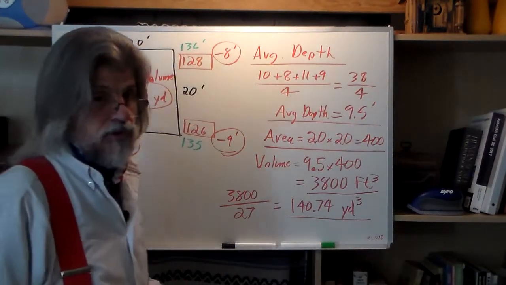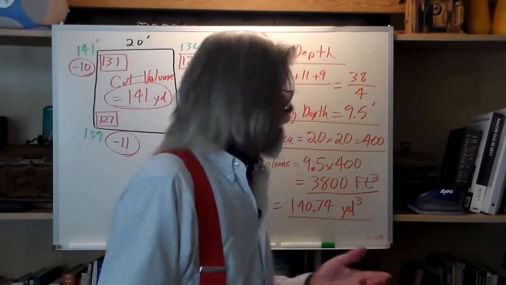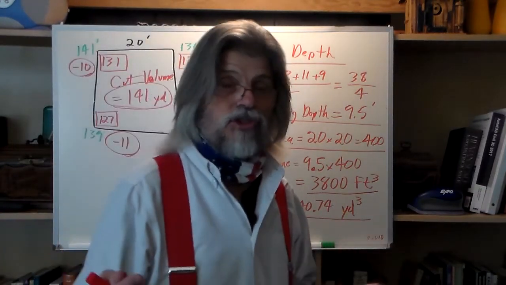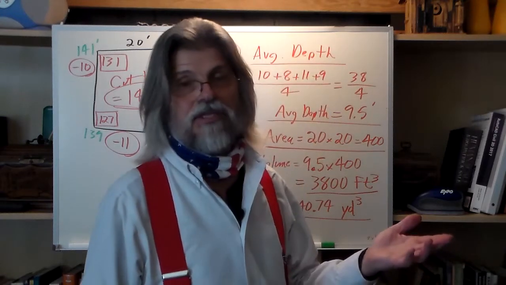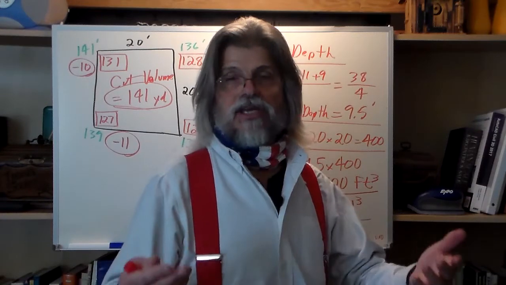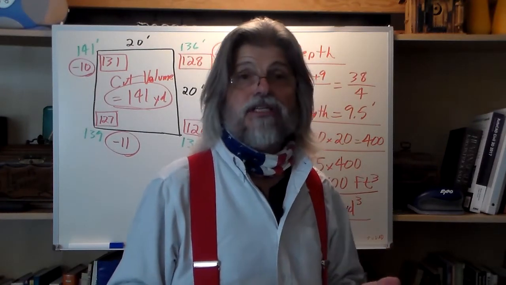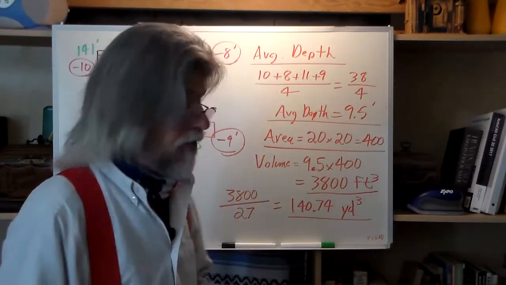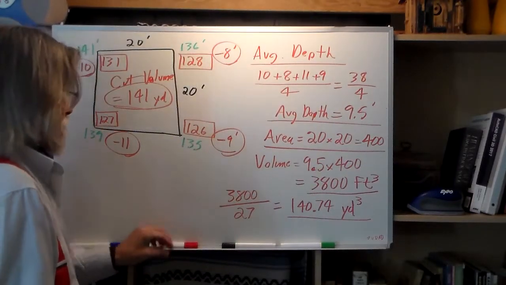I'm going to give one more example in which we have to do a little more math to figure out where that grade line is, where that transition is from cut to fill. The first example we did kind of split down the middle, so that denied us the opportunity to see the process by which it needed to be solved. So that's going to be the next thing we do. Give me just a minute to erase the board, and we'll get the next one going.